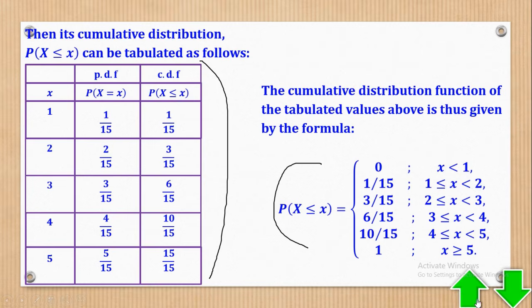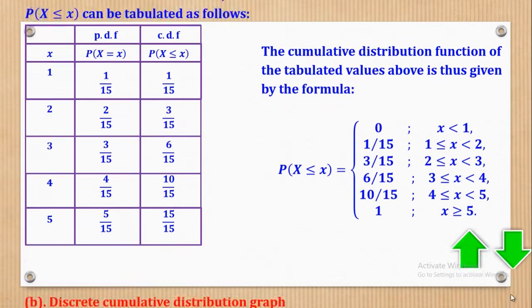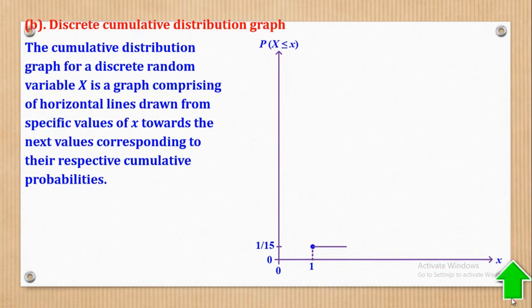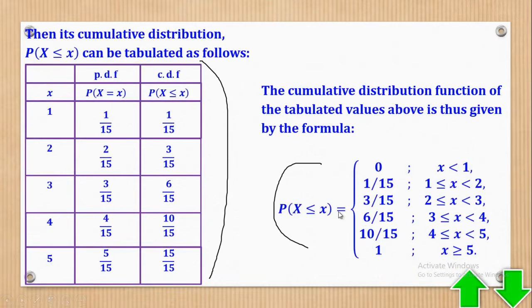So it means that I'll come and look for my 1.5 and look for my 1 and draw that horizontal line from 1 onwards. It goes towards 2, but it doesn't reach it. When it reaches 2, it jumps. So when it reaches 2, for x greater than or equal to 2, it jumps to 3 over 15, and this 3 over 15 goes towards 3 but doesn't reach it.